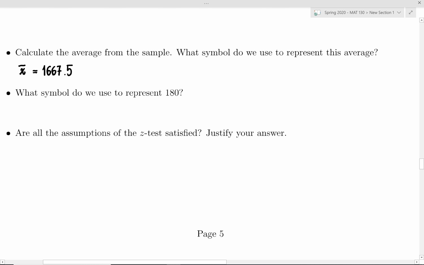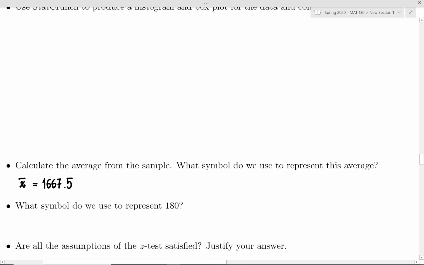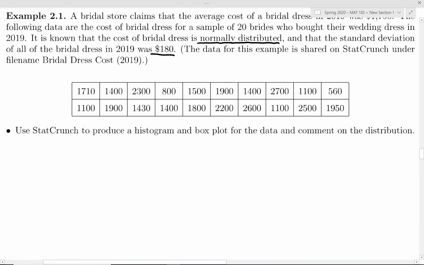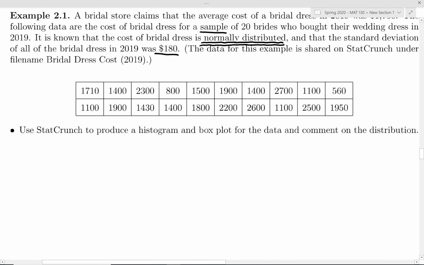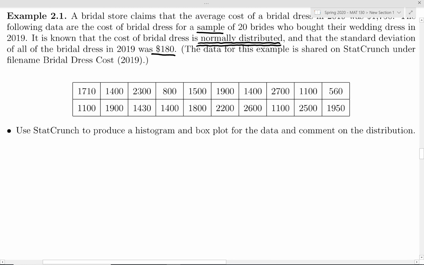There are two questions here. What symbol do we use to represent 180, and are all the assumptions of a z-test satisfied? Let's go back and read the question again. We know we have a random sample, we know it's normally distributed, and we know the standard deviation of all bridal dresses in 2019 was 180.